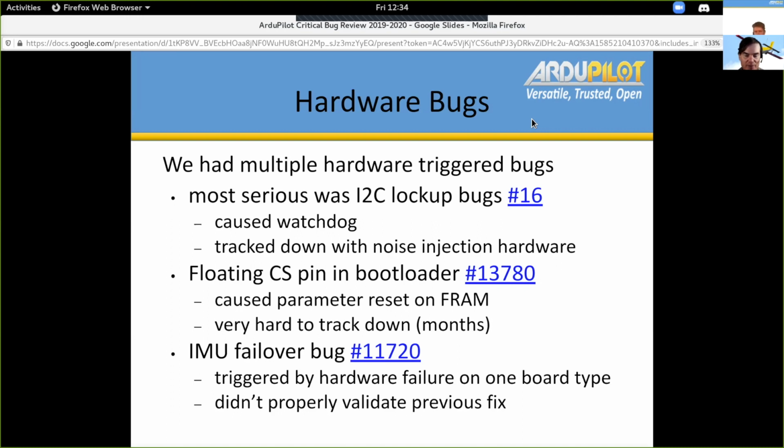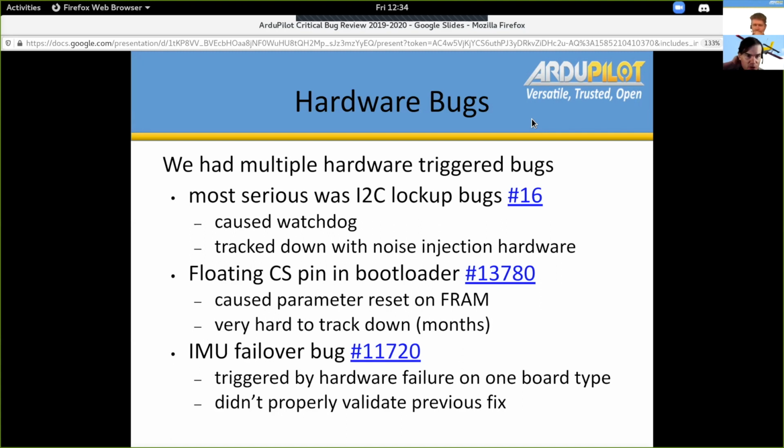It's sort of an embarrassing bug, as we had hit this bug previously with NuttX and fixed it. We tried to apply the same fix in ChibiOS when we did the port, but we didn't actually run the hardware test where we injected the noise, and it turned out that the fix we applied wasn't complete. In our rush to get across to ChibiOS, we didn't run that hardware check.